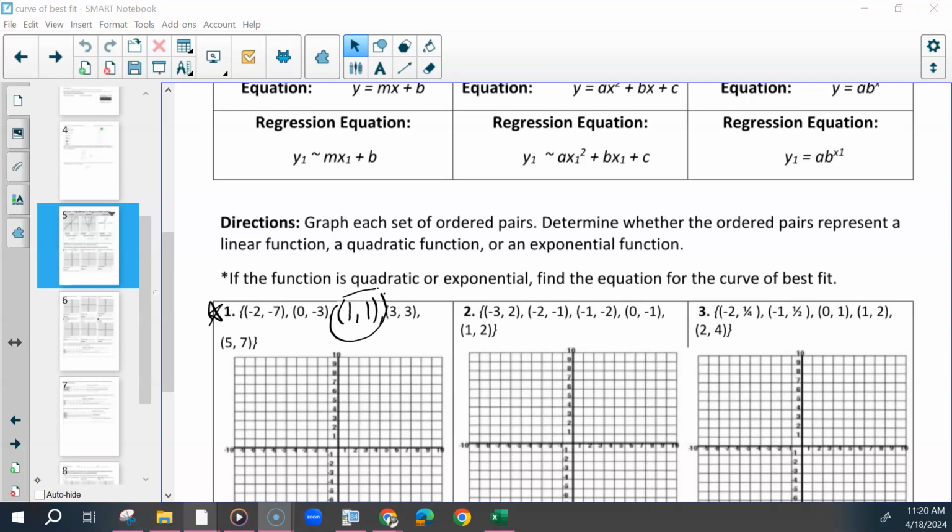So we're going to plot all of these points, determine what type of graph it is, and then find the equation of curve of best fit, not for the linear one, but for the other two.